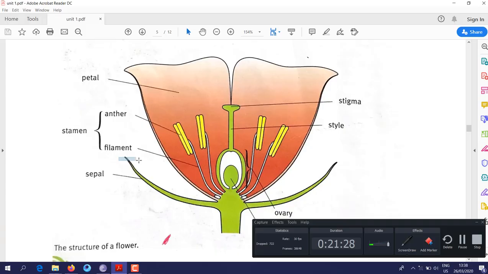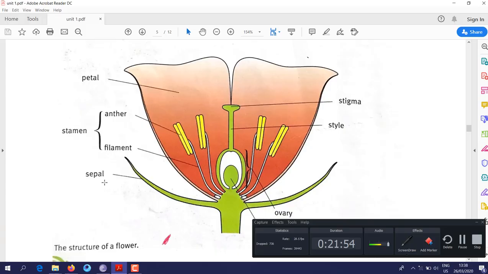Then the green leaf, as you can see, this part, we call it sepal. So petal and sepal are just two secondary or accessory organs. These organs help protect the flower and help the flower in the process of reproduction.